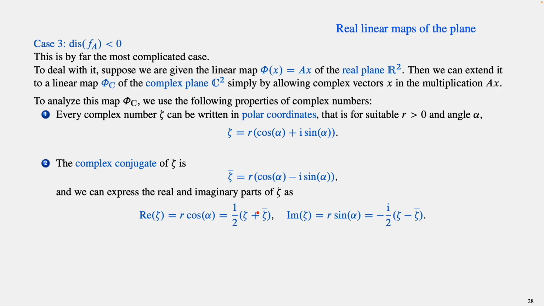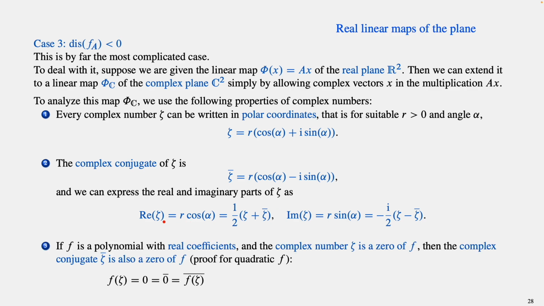Important to note, both the real and imaginary part of zeta are actually real numbers. The imaginary part only becomes an imaginary number when you multiply it with I. But by definition, the imaginary part is always just taken to be that part that you multiply the I with, but not the factor I itself.